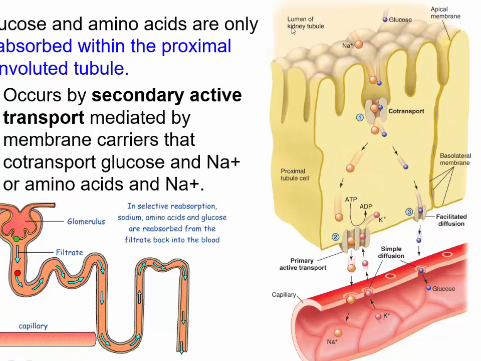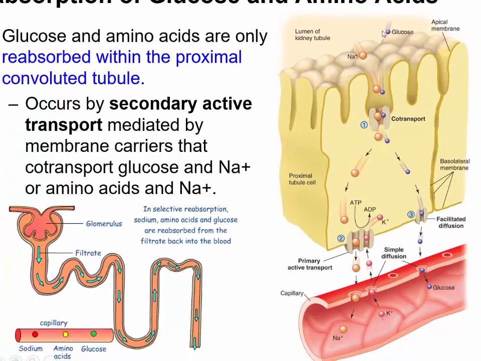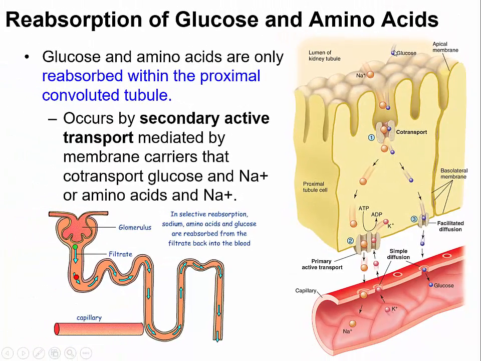So we see in the lumen, sodium is high in the filtrate and lower inside the cell. Glucose is low in the lumen and higher inside the cell. Glucose is moving against its concentration gradient, whereas sodium is moving down its concentration gradient. Well, that sodium moving down its concentration gradient is providing the energy to move glucose into the cell by co-transport. Well, this is secondary active transport.